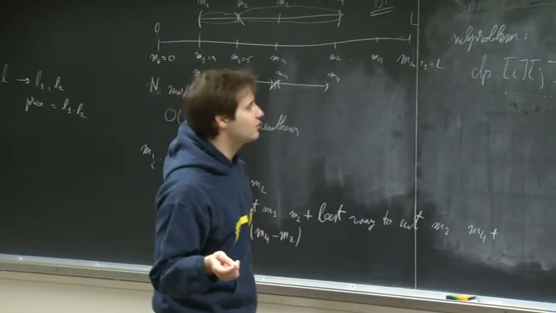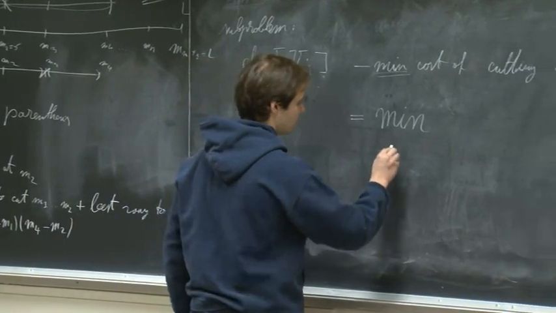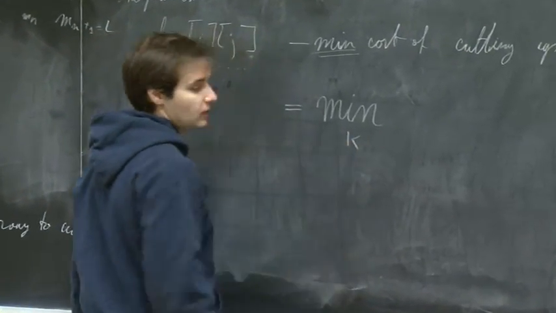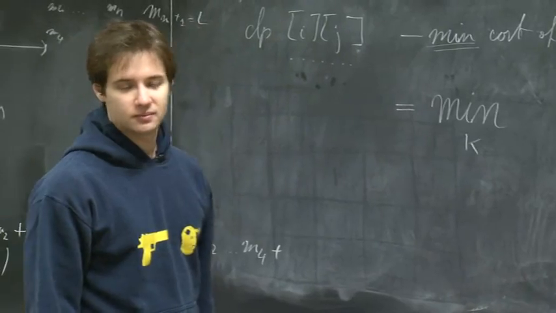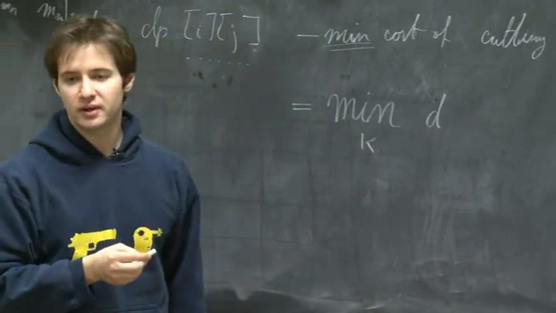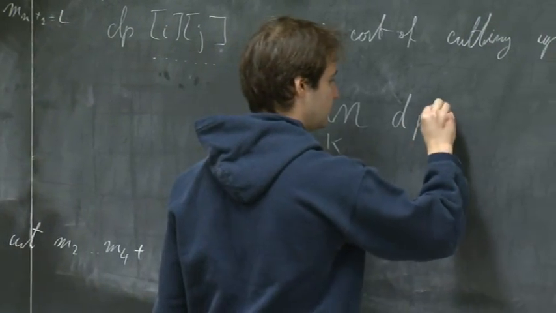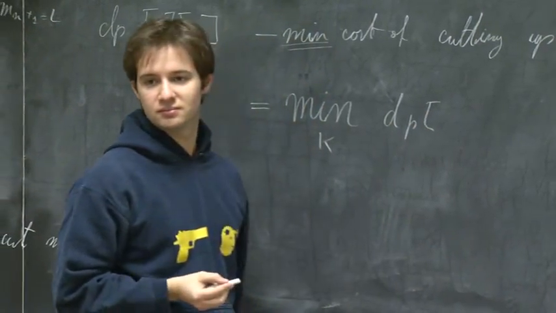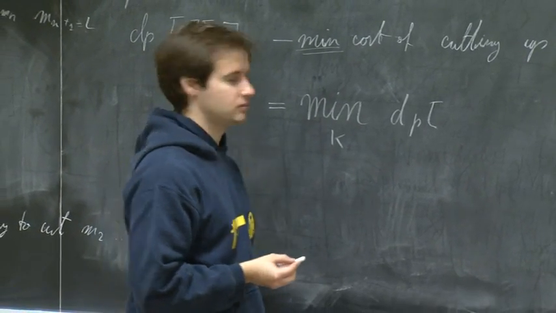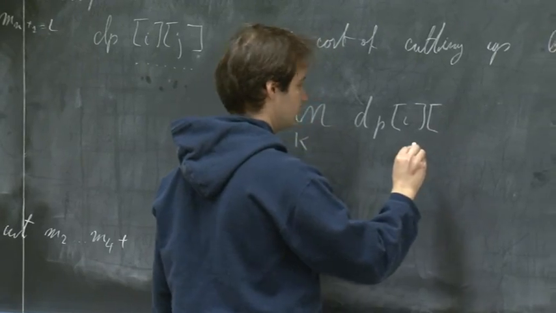So fortunately, we have a lot of letters in the alphabet. I, J, K, L, M. So let's say that K is the place where we cut to make our life easy. So I'm going to have dp of I as the starting point, and then the endpoint is I plus k.